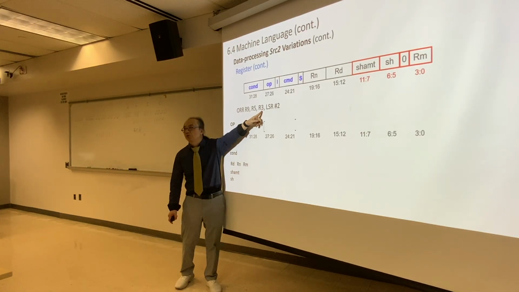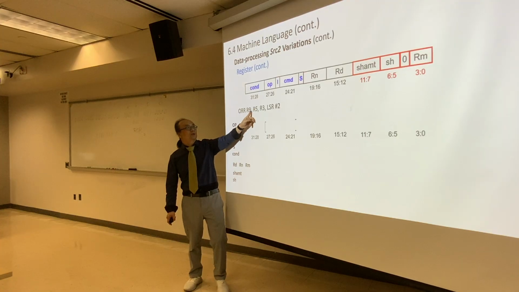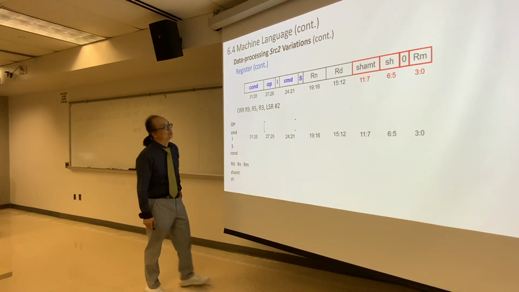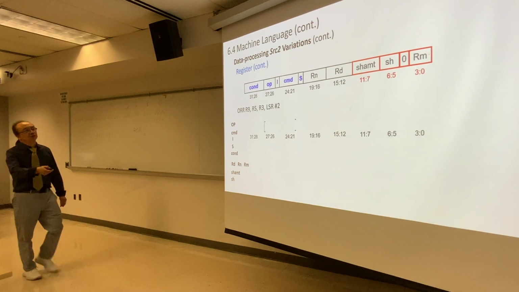So the next instruction, we could have something like this. We still see 3 registers, but after these 3, LSR, logically shift right by 2, right there. Then that's the shift amount.